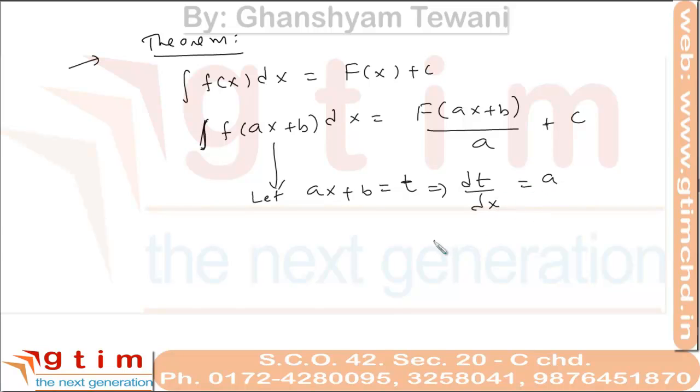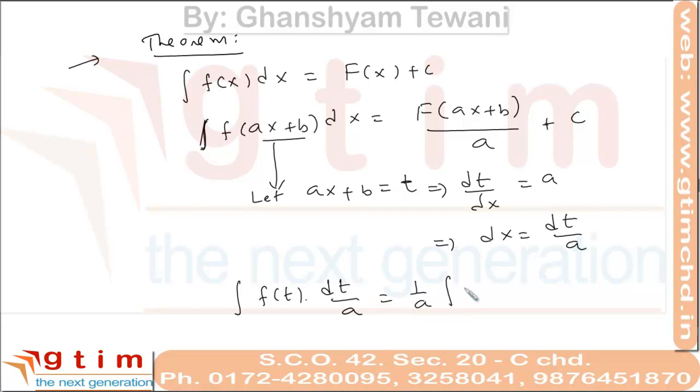That is a. This implies dx is equal to dt by a. Now put t for ax plus b here, and dx as dt upon a. Then this is 1 upon a f(t) dt.